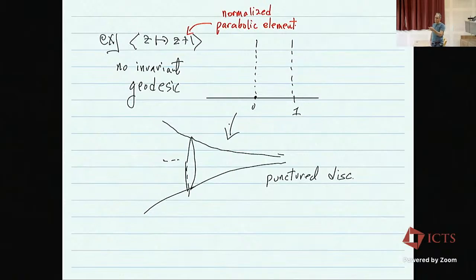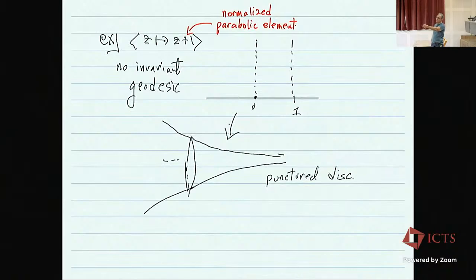Here's another example of an elementary hyperbolic surface. Take the group generated by z gets mapped to z plus 1, acting on the upper half plane. Again, here's a fundamental domain for the action. This, notice, does not have an invariant geodesic. This element does not keep invariant any geodesic in here.